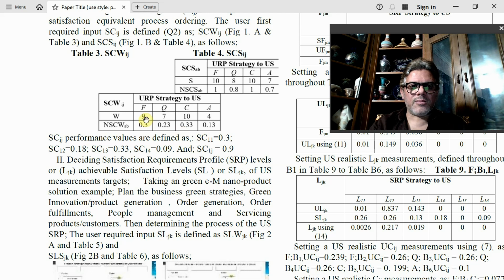So 0.3 times 1, 0.8 times 0.23, and then 1 times 0.33, and then 0.7 times 0.13 would give that. And the whole satisfaction category, with plus, plus, plus, plus, will give you 0.9.